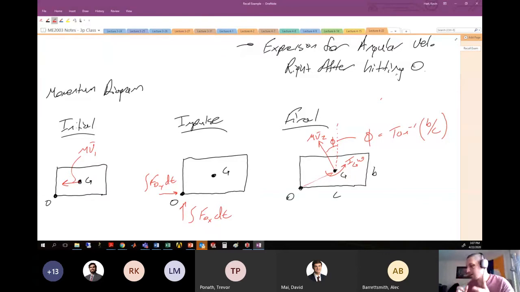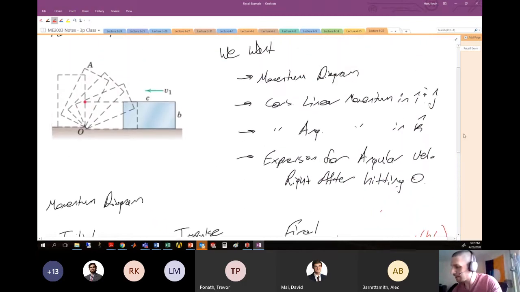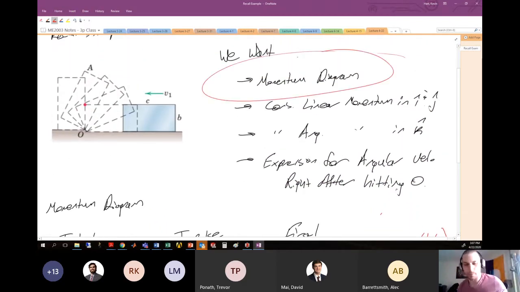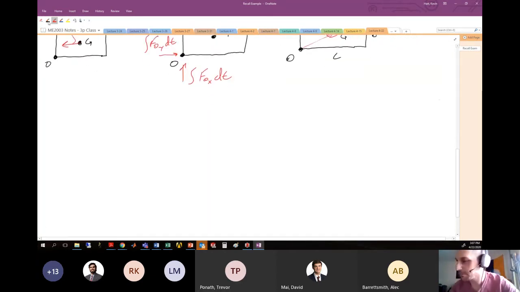So those are all our components of the momentum diagram, including initial, impulse, and final momentum. How are we doing on that? We good? So that was kind of a quick refresher. We had done all of that yesterday, so that is our momentum diagram. Next thing we want to do, conservation of linear momentum in I and J. So let's do that.